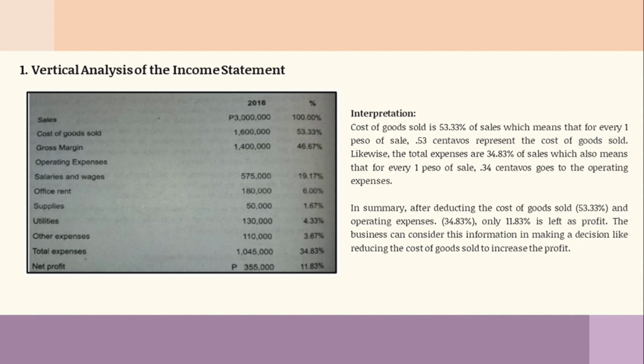Likewise, the total expenses are 34.82% of sales, which also means that for every 1 peso of sale, 0.34 centavos goes to the operating expense. So in simple terms, the entity's cost of goods sold comprises 53.33% of the entity's sales in 2018, in which for all the sales or for all the base, 53.33% is on cost of goods sold, while 34.83% is on the expenses.